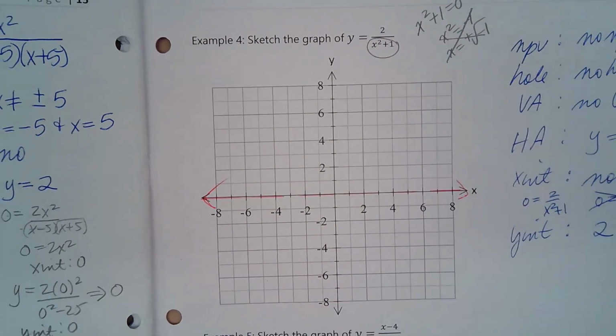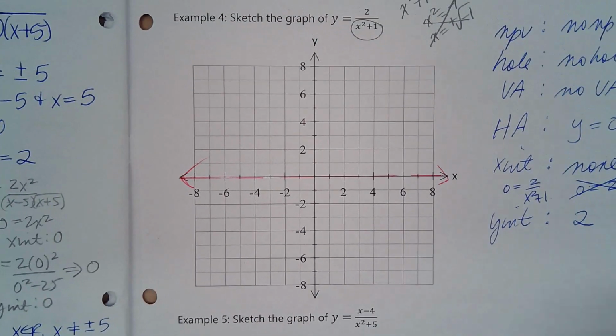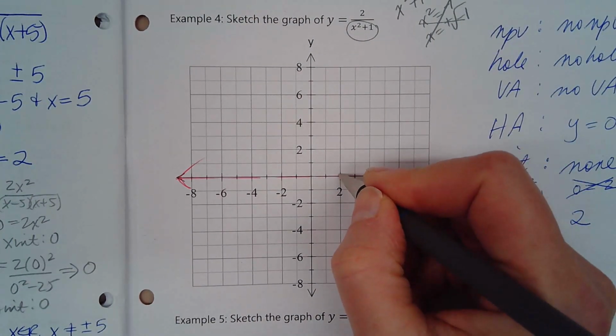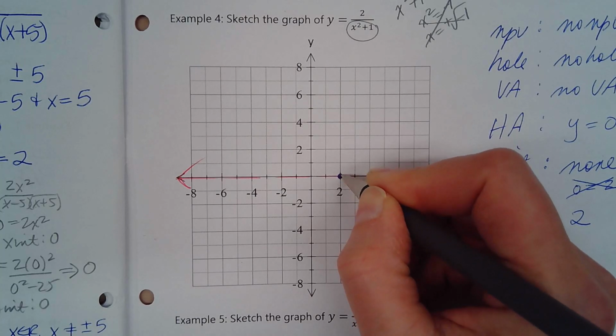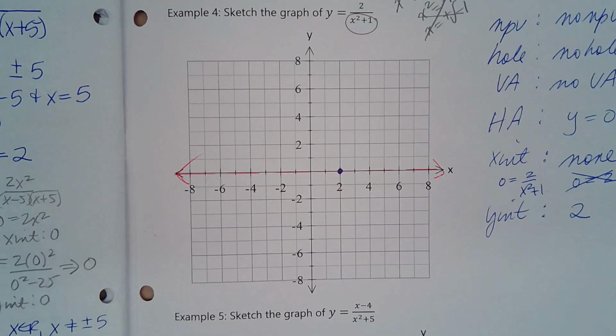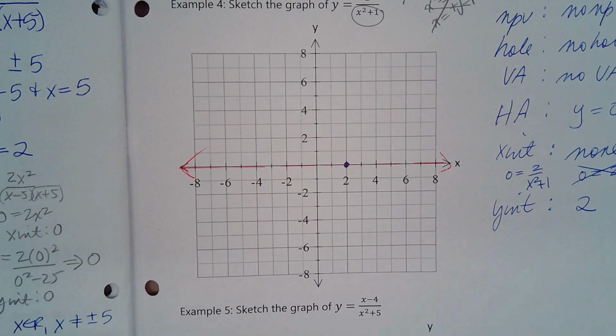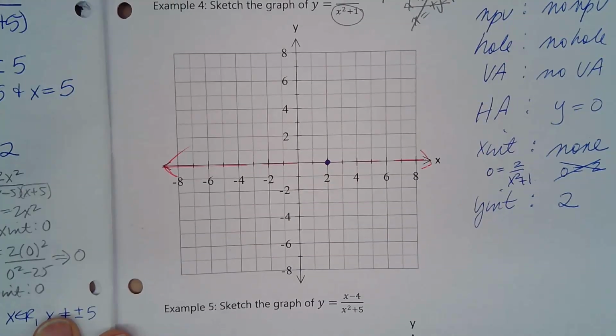That's all I know. But I also have a y-intercept at 2, which is really weird. This is a very strange graph because for the first time we see that it is possible for the graph to cross a horizontal asymptote. Never ever a vertical, but sometimes they cross horizontal. But other than that, that's the only info I have.